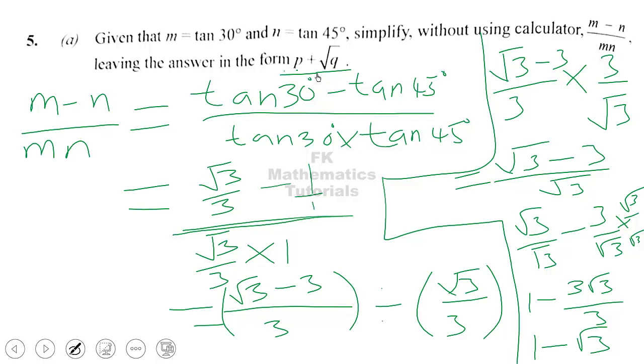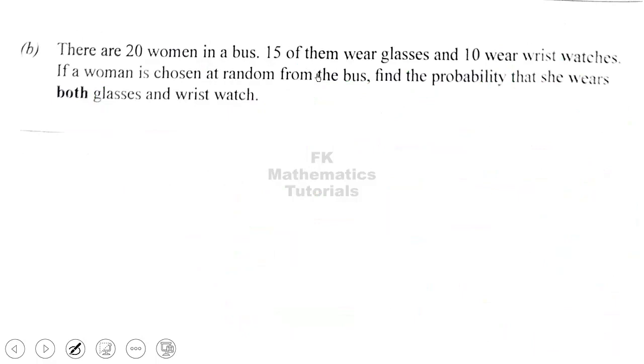So let's look at the B part of question 5. There are 20 women in a bus. 15 of them wear glasses and 10 wear wristwatches. The probability of choosing someone who is wearing glasses will be the number of women wearing glasses, which is 15, over total women, which is 20.